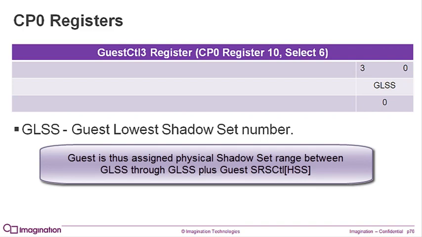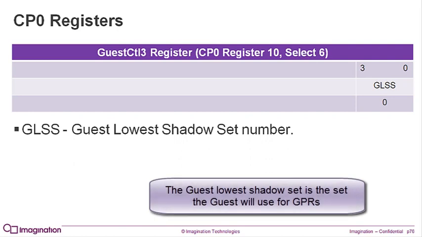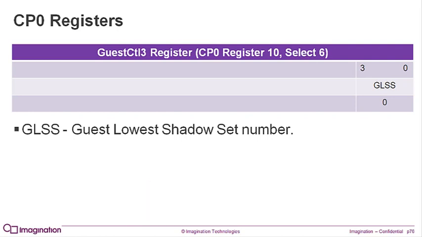The guest is thus assigned the physical shadow set range between GLSS and GLSS plus the guest HSS field. Note, the guest lowest shadow set is the set the guest will use for its GPRs.